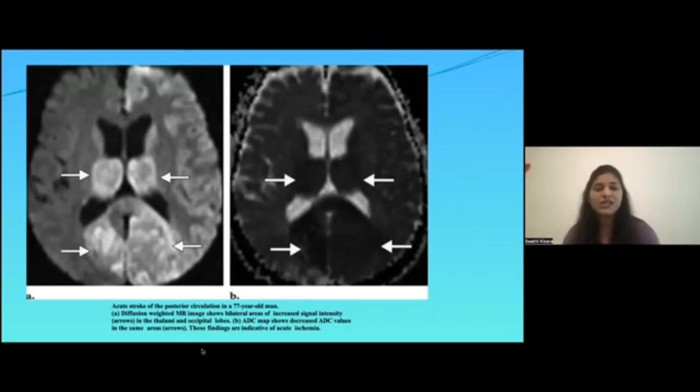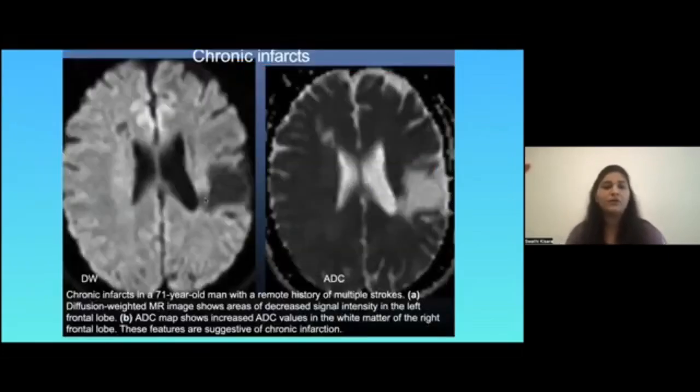So these findings are indicative of acute ischemia. Whereas in chronic infarcts, the diffusion weighted images show a hypointensity and the corresponding ADC maps show hyperintensity. So these findings are suggestive of chronic infarction.